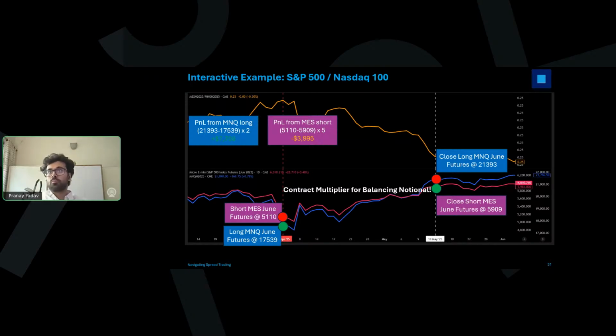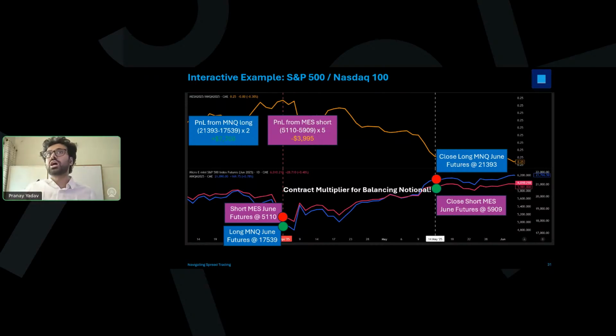That's not all though, because this is where I want to start to bring back the phenomenon that we talked about, balancing notionals. Now, if we see purely on a price basis from April to May, you may observe that prices have gone up. One of the contracts has made a loss, the other contract has made a profit.